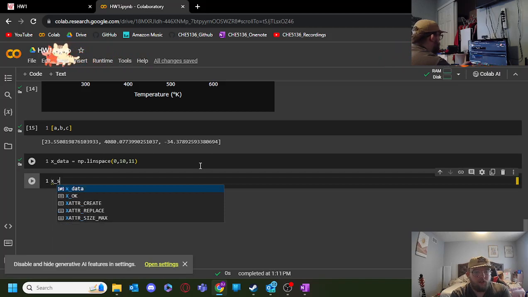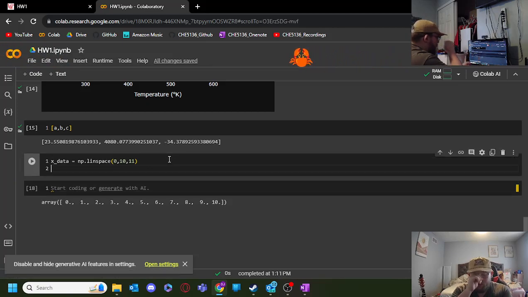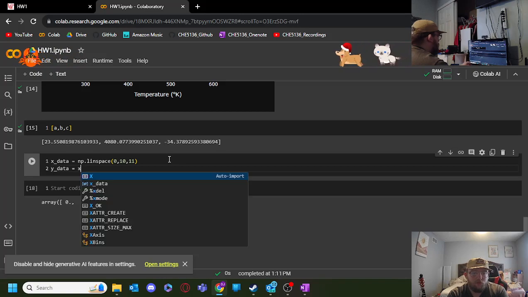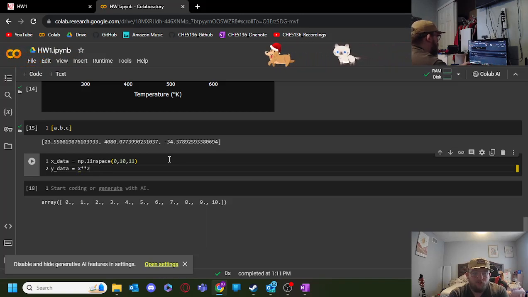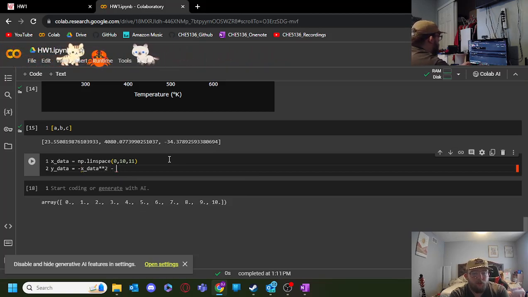So when we do x data, we should get 0 through 10. And let's make our function. Let's do negative x data squared, so we get an upside down parabola.